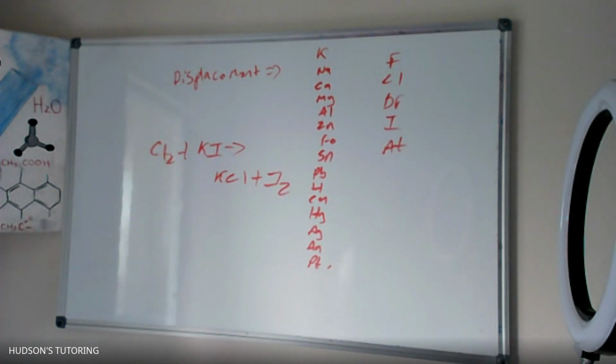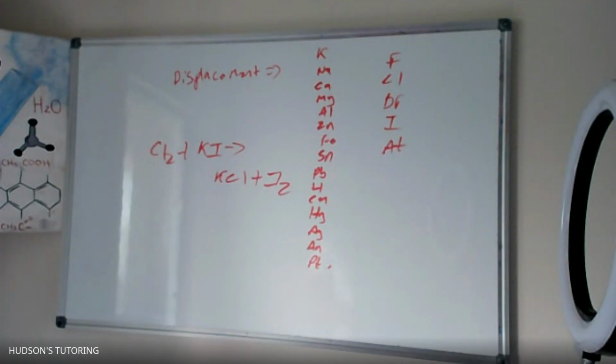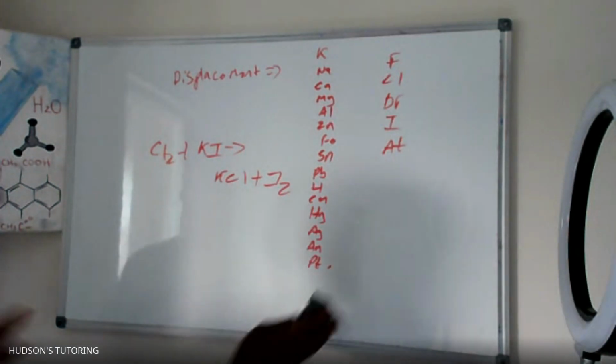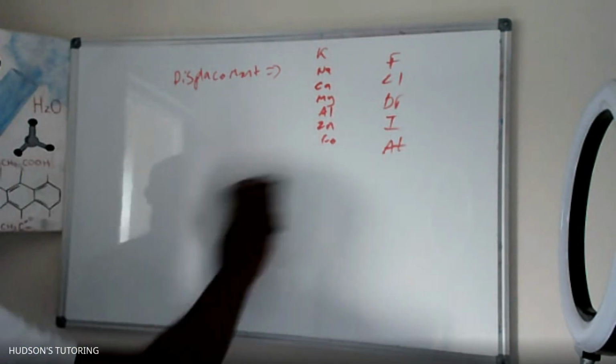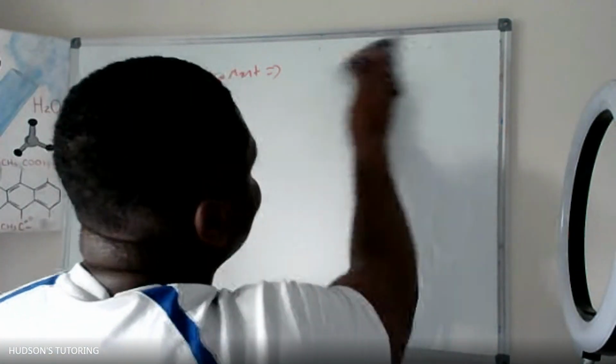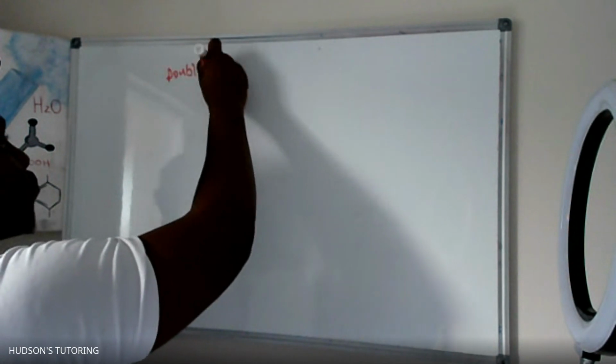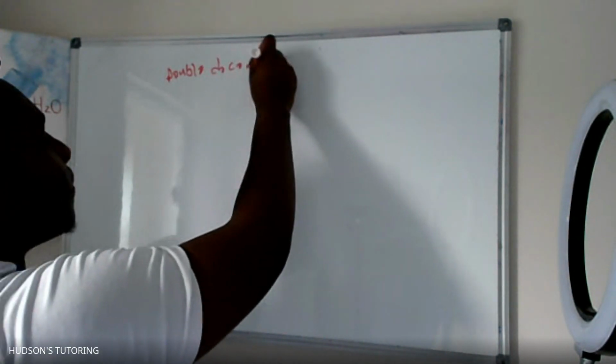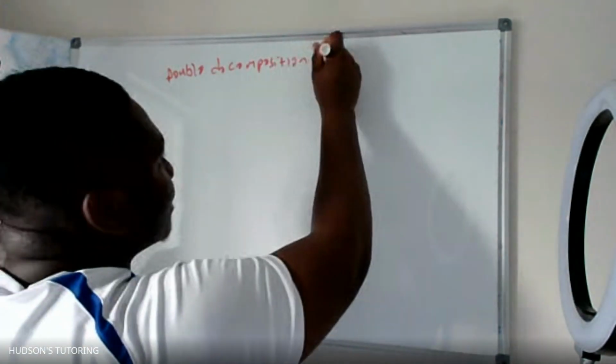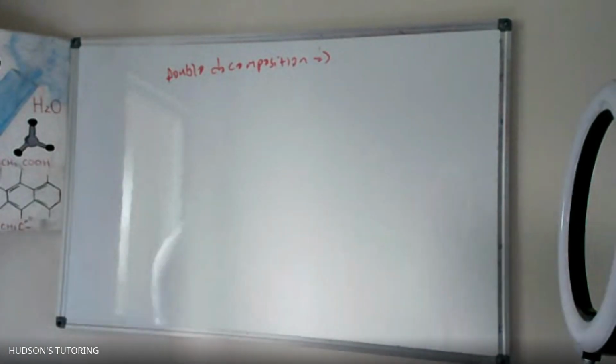All right, good. So we'll finish with combination, we'll finish with decomposition, we'll finish with displacement. We're going to now do what is known as double decomposition. This is the last one. Once you understand these reactions, then balancing equations comes a little bit easier for you. Double decomposition is when you have two salts reacting and they simply exchange their ions.